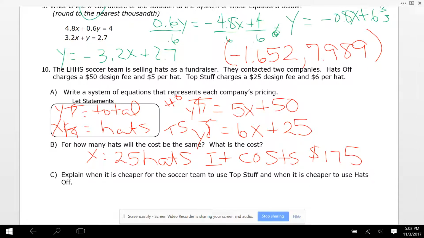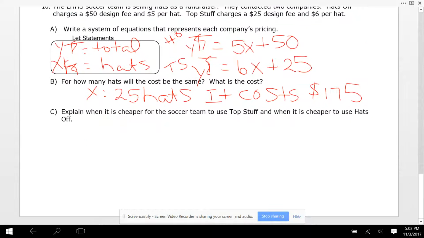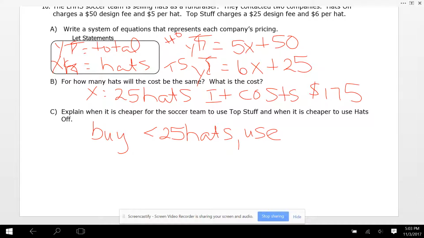So when is it cheaper for the soccer team to use one or the other? So if the soccer team is buying less than 25 hats, use Top Stuff.